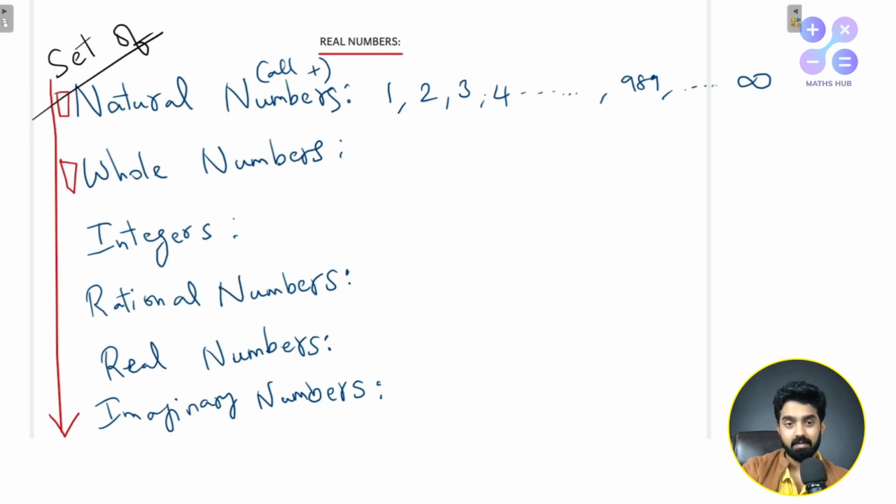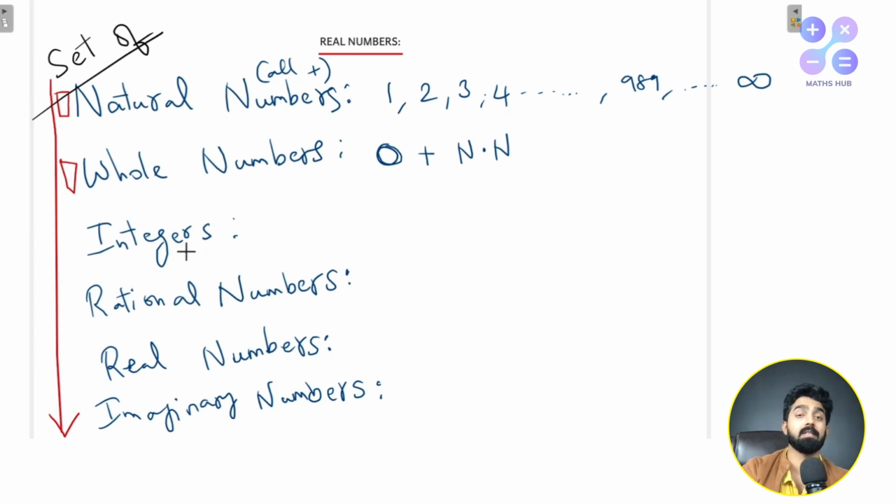As you go down this range, the set keeps increasing in size. So whole numbers have just one number more than natural numbers, which is 0. It is the only number extra, and then everything else is a natural number. So whole numbers are 0 plus natural numbers.